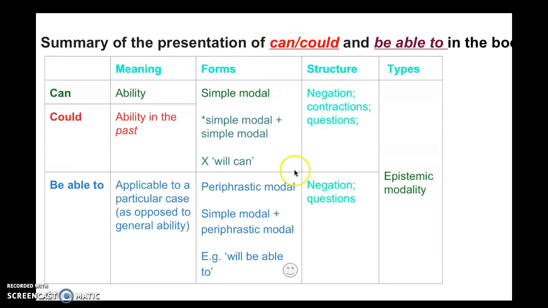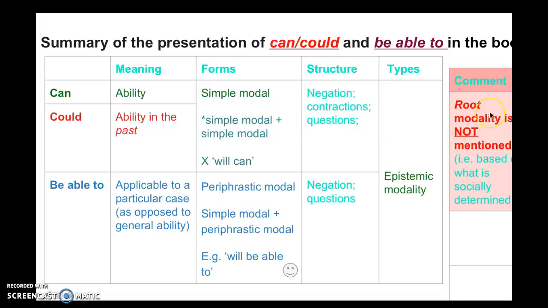In general, they all mention the structure, like how the verbs can occur in the form of negation, contractions, and questions.